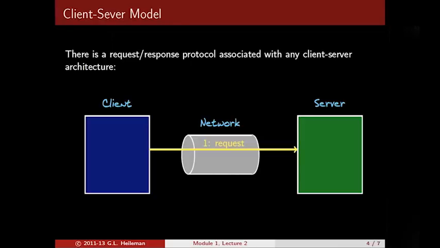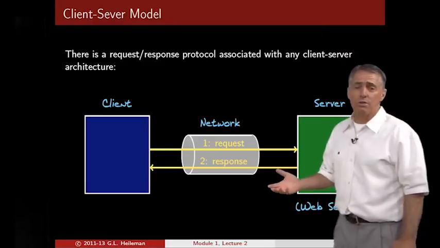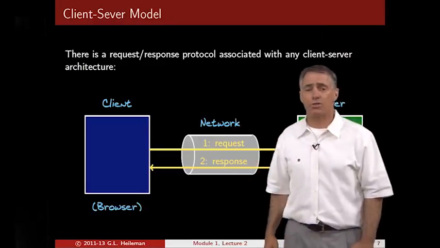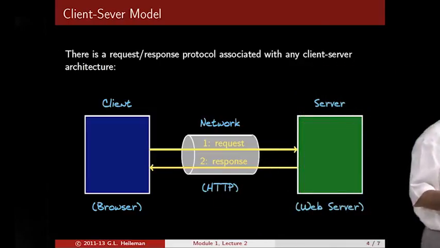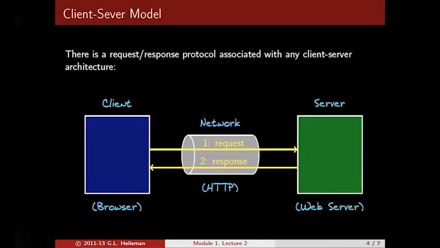First there's a request made to the server by the client, and then a response is provided. In the case of a web application, the server is a web server, and the client is a browser. And the protocol that we use to transfer information between the two is called HTTP, for Hypertext Transfer Protocol.